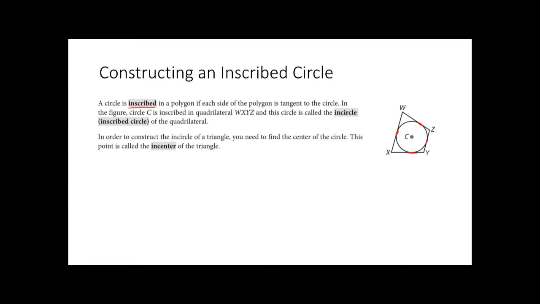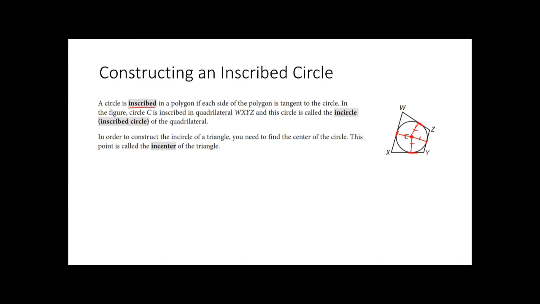Okay, so in the figure, C is inscribed in the quadrilateral. So basically, C here is inscribed, which means it is equal distance from every side of your polygon. And we're going to see that with triangles and whatnot. But basically, all these distances are congruent because C has to be dead in the middle of your polygon.